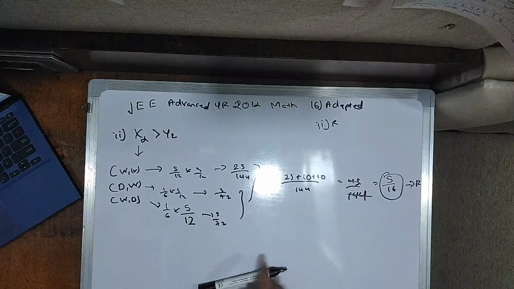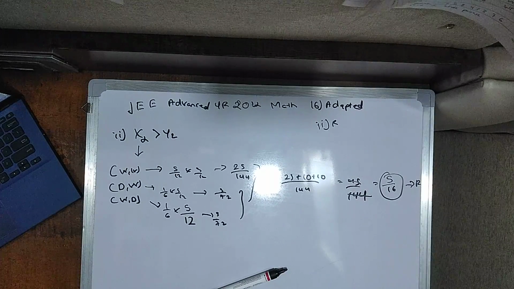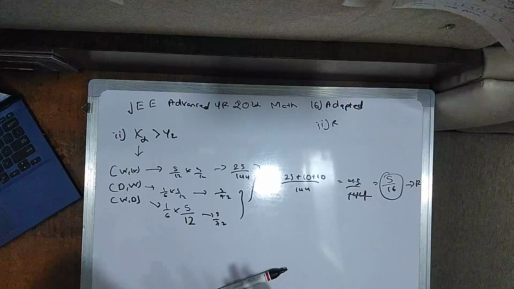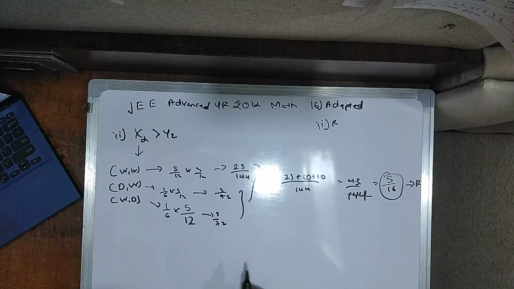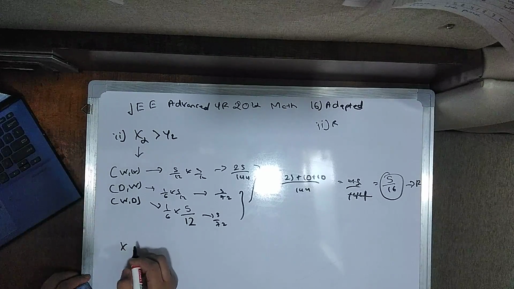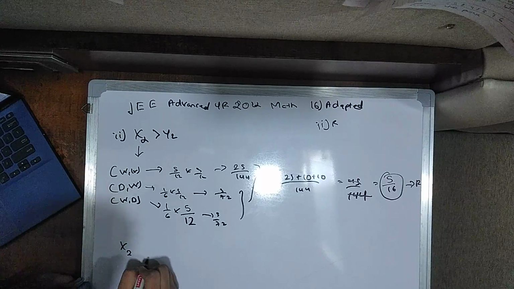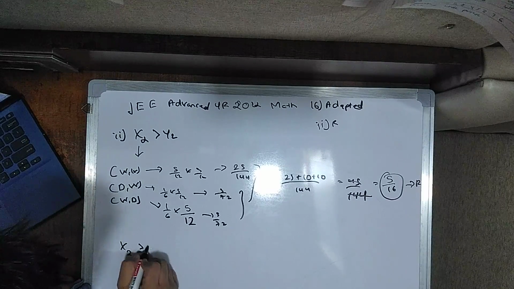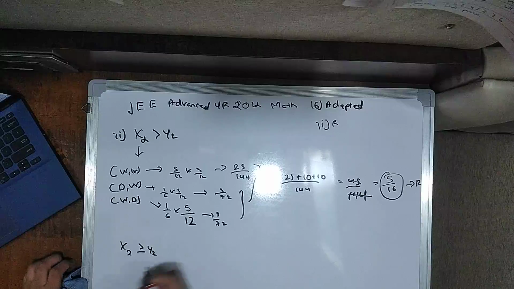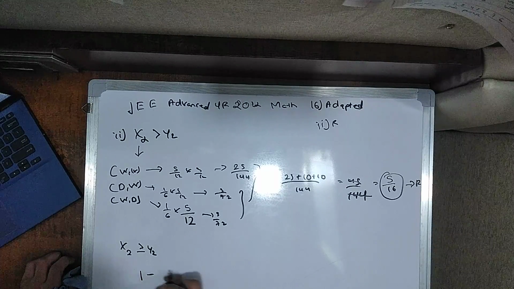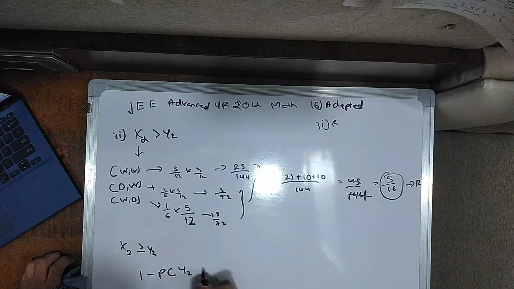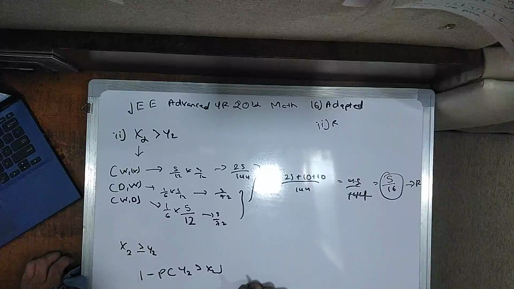Now, use a bit of your brains. Just a bit of your brains. You're gonna know that the probability of x2 to be greater than or equal to y2 is 1 minus the probability of y2 to be greater than x2.